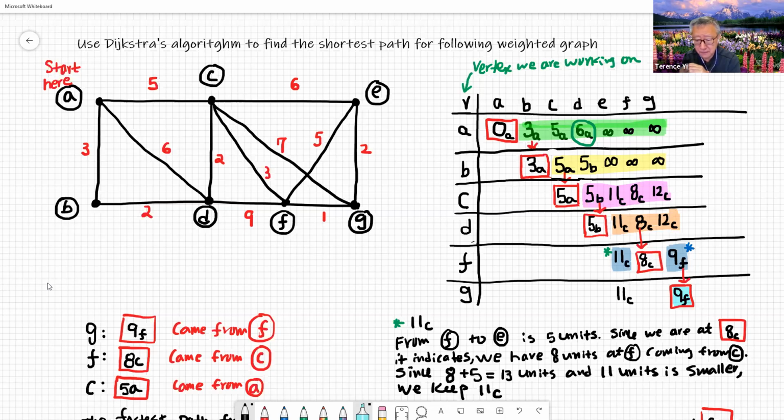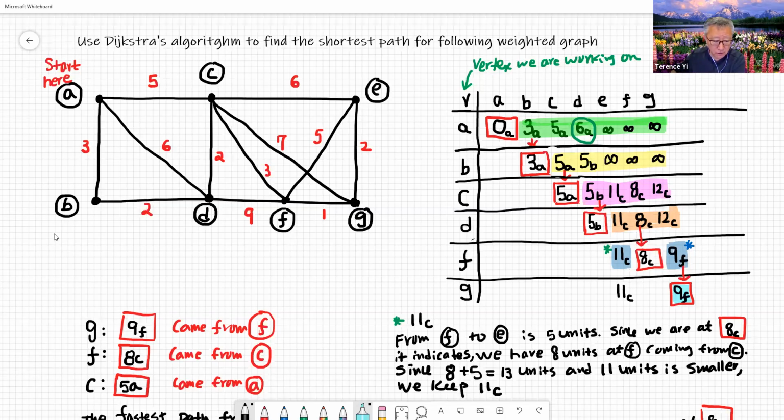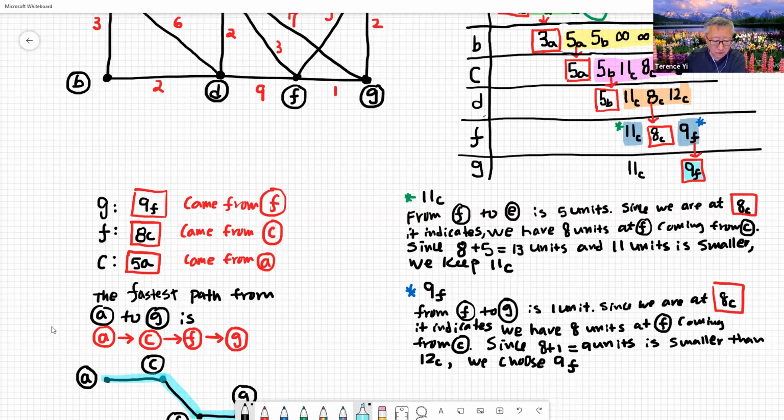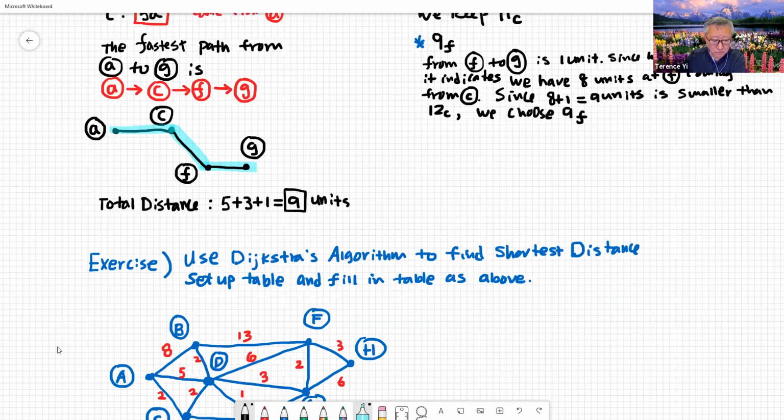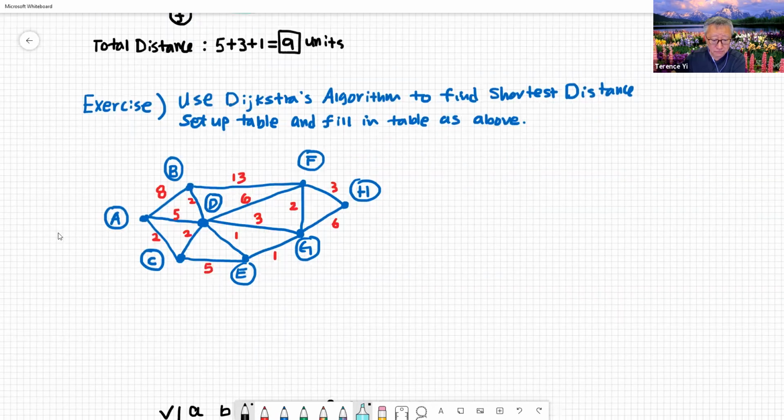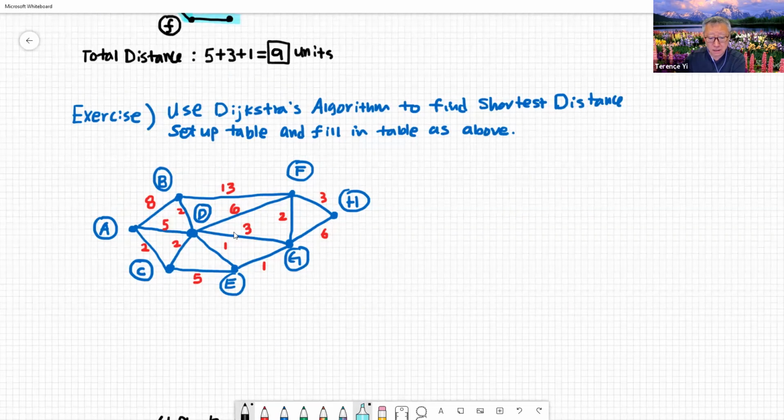So this is something that I want you to try before you come to class Friday, and we will do a couple more examples in class. But before you come to class, I want you to try this graph. I want you to set up the table, and then I want you to fill in the table.